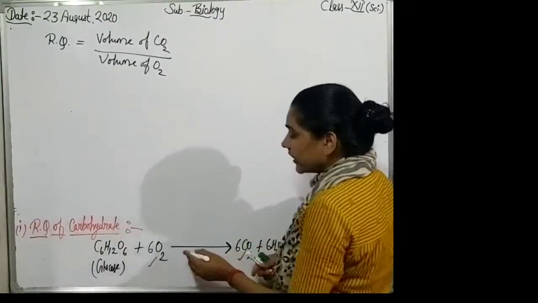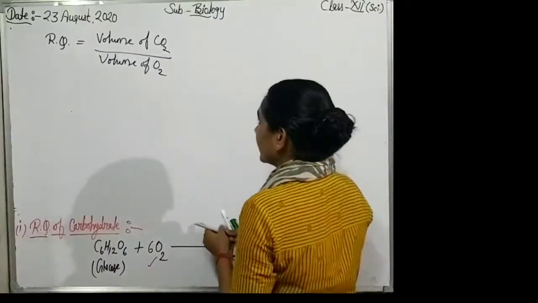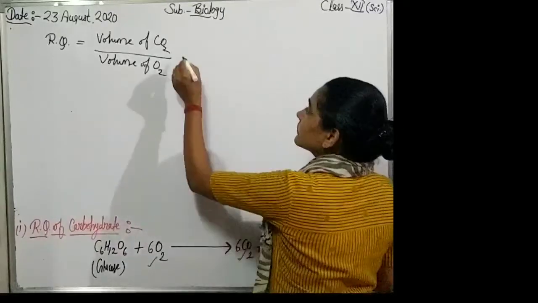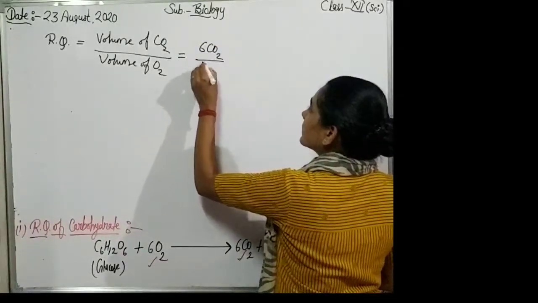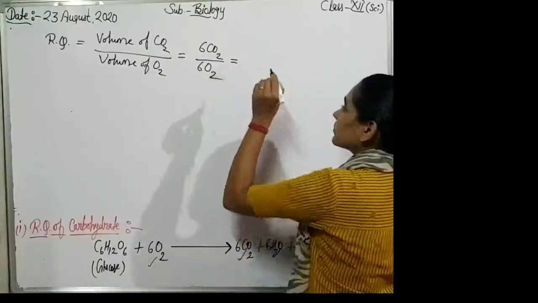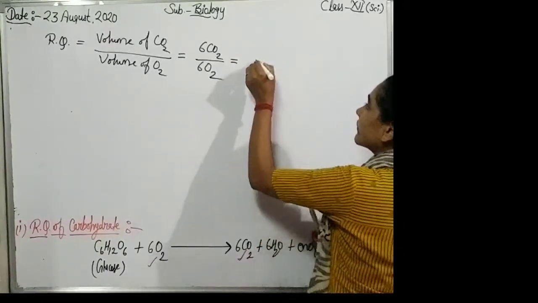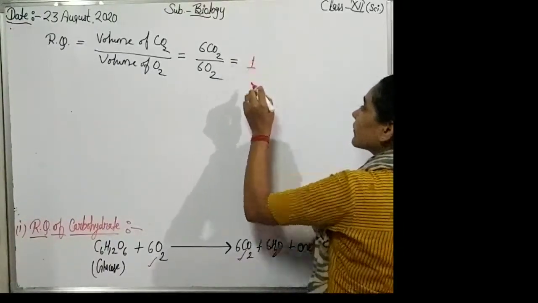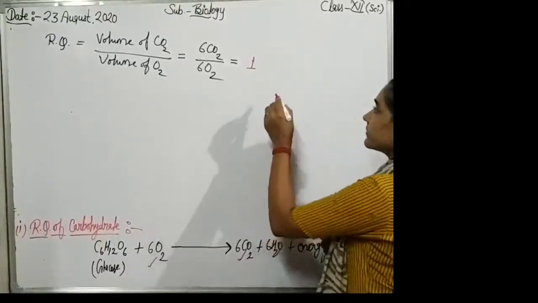Now put the values of CO2 and oxygen molecules in this formula: 6 CO2 molecules upon 6 O2, then RQ is 1. Okay.